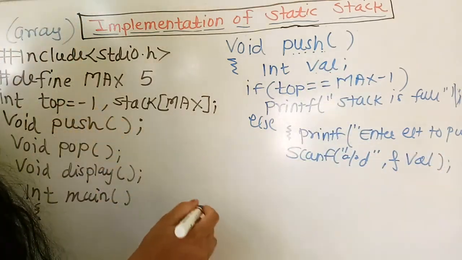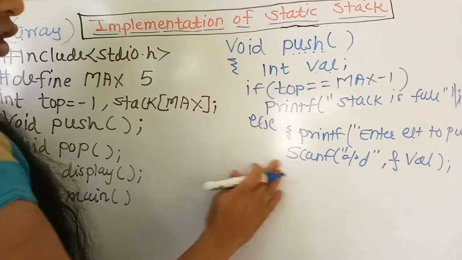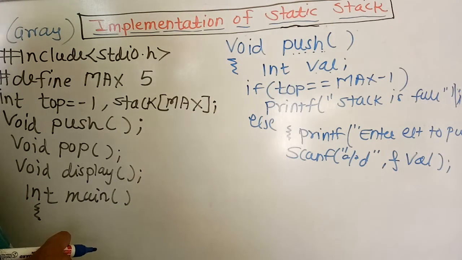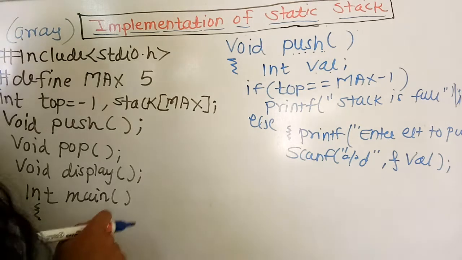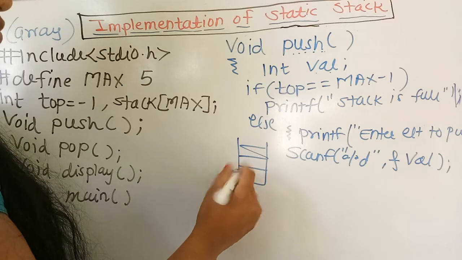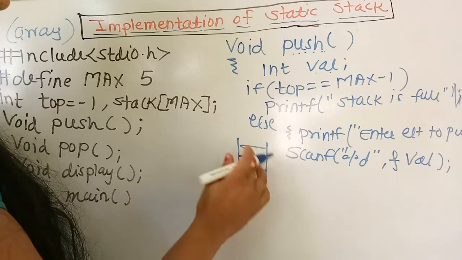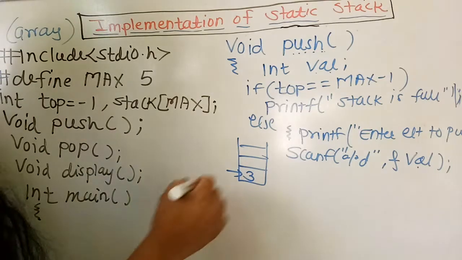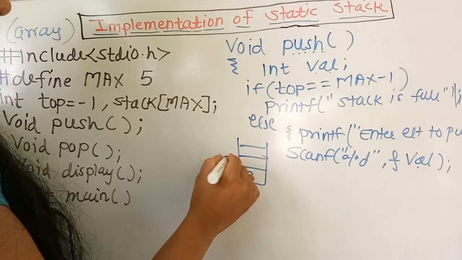Then for inserting any new element into the previously created stack, we have to advance top to the +1 position. For example, top is at this position and here one element is already inserted. Then to insert a new element, we have to advance top to the +1 position.